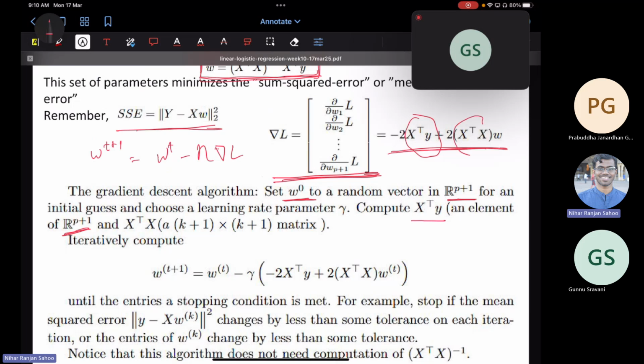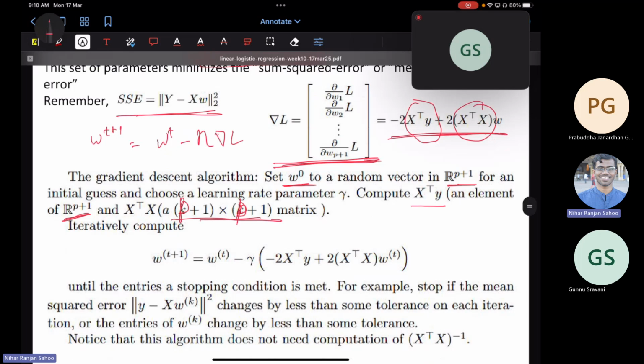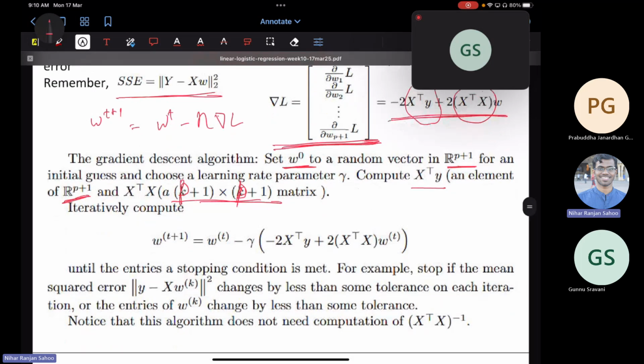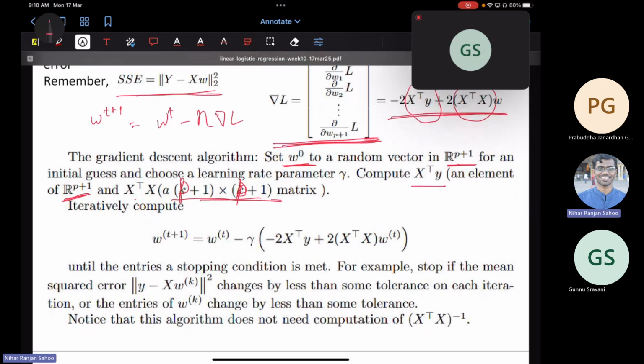Then x transpose x is a p cross p matrix, because x transpose will be p cross n and x will be n cross p. So you iteratively compute this.